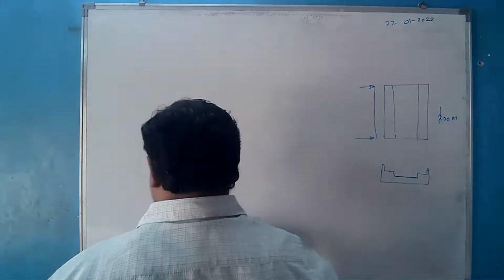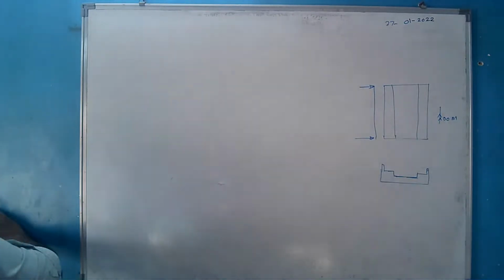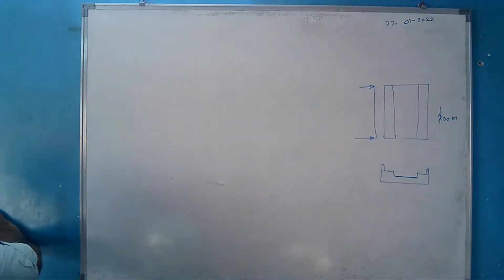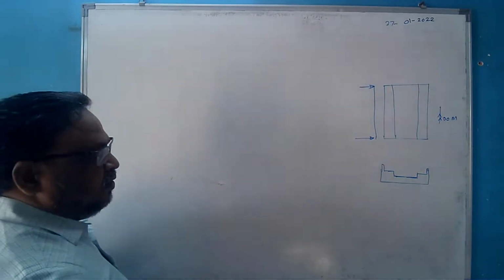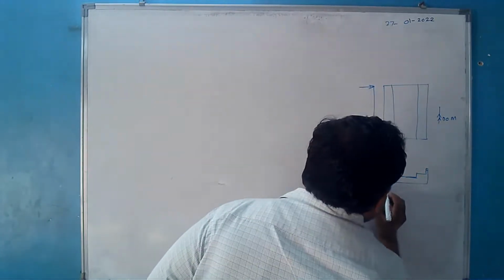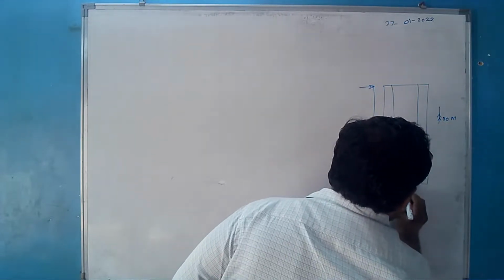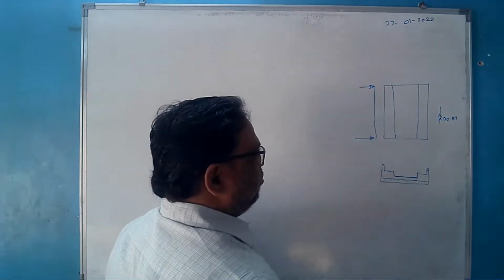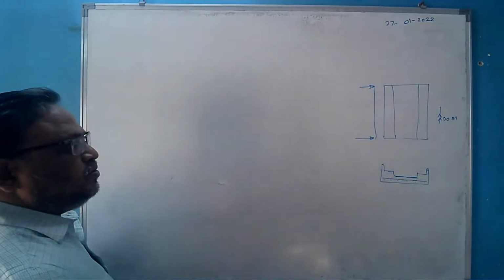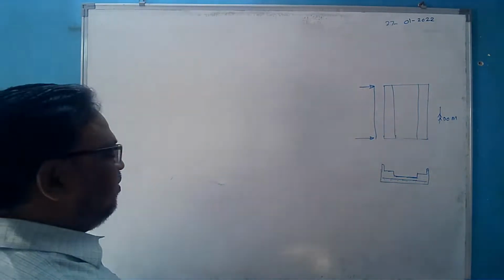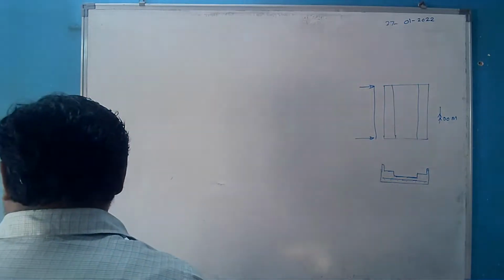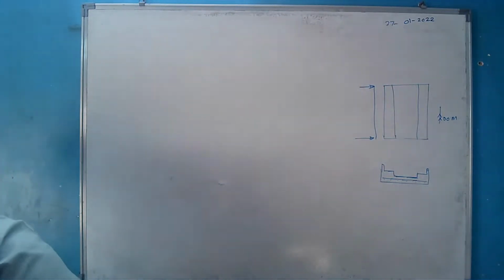Earlier also I had told you the direction of bending is the direction of span. So in that direction we will provide steel first, and then we provide steel in the other direction also. That is for the purpose of ductility, that is for arresting the cracks.